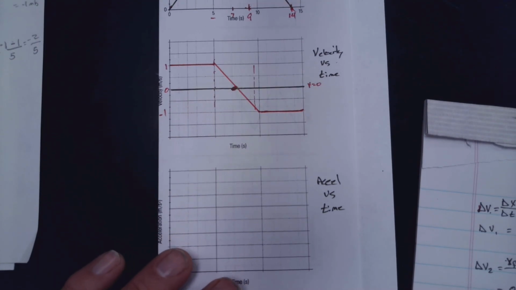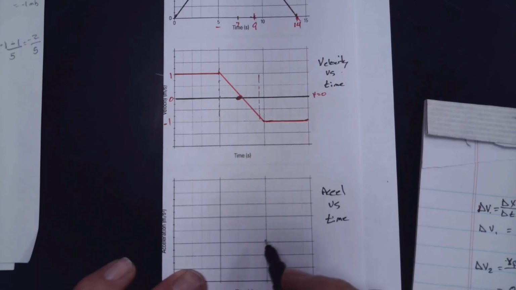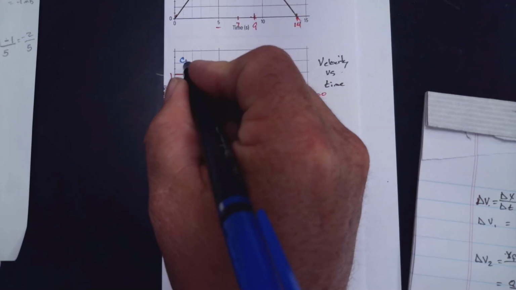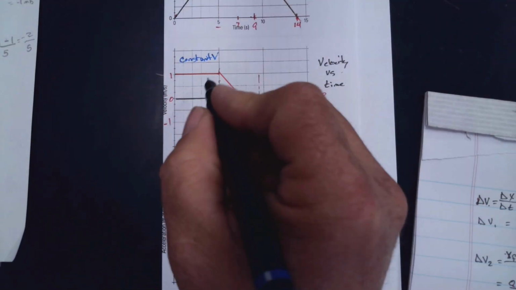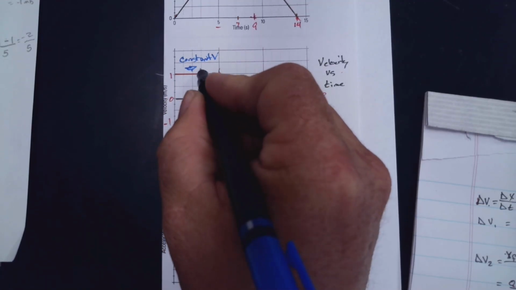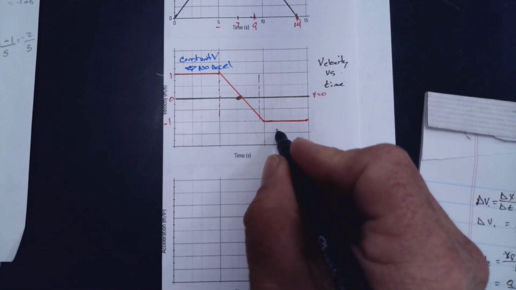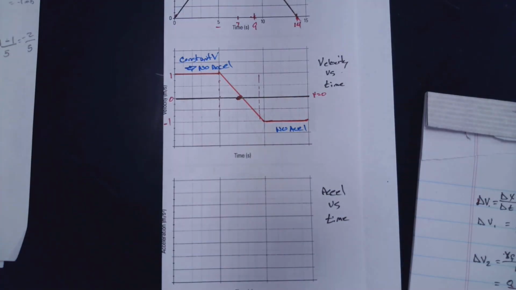There are some things that I know this graph tells me that will help me down here. This is a constant velocity here because it's a straight line, which is going to translate into no acceleration. Same thing down here, no acceleration.